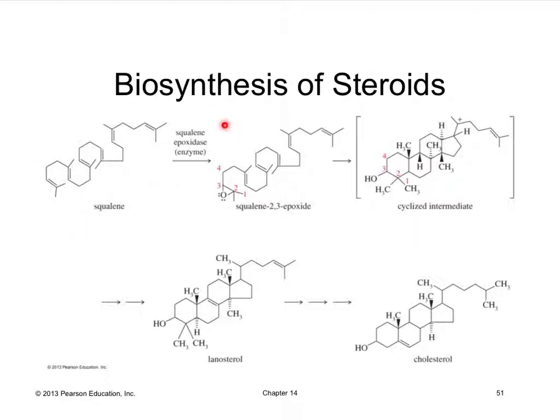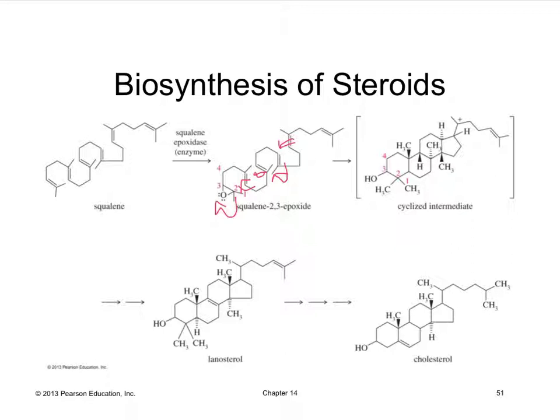Squalene, in the presence of squalene epoxidase, which is an enzyme, will epoxidize the 2,3 position to generate squalene 2,3-epoxide. Then the electrons start moving to close the ring here, here, here, and then here, opening that epoxide up to generate the cyclized intermediate.